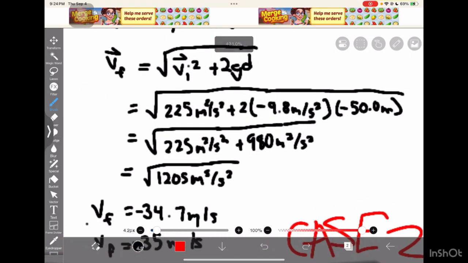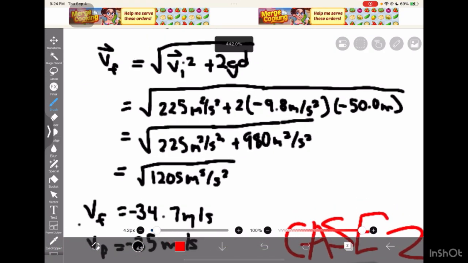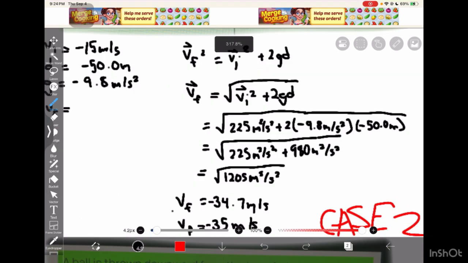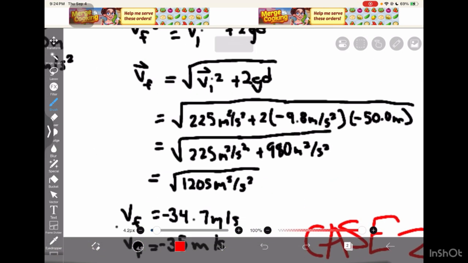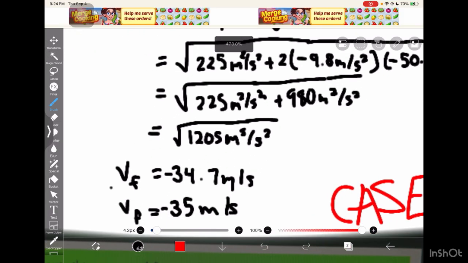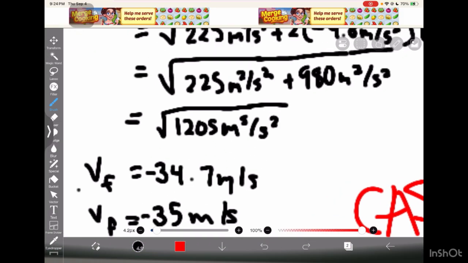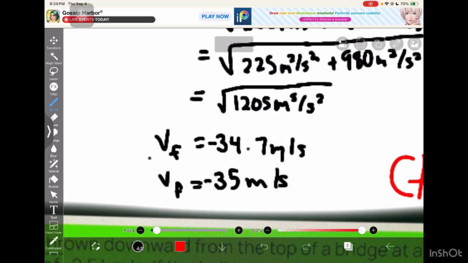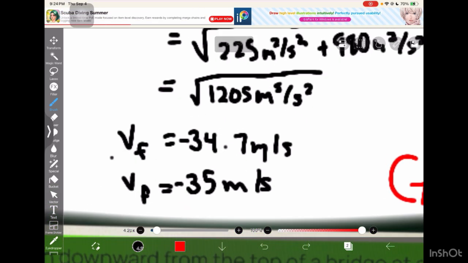So we have this entire equation here. If we put this entire equation into our calculator, we are left with the square root of 1,205 meters per second. Then V sub f is equal to negative 34.7 meters per second if you simplify that.